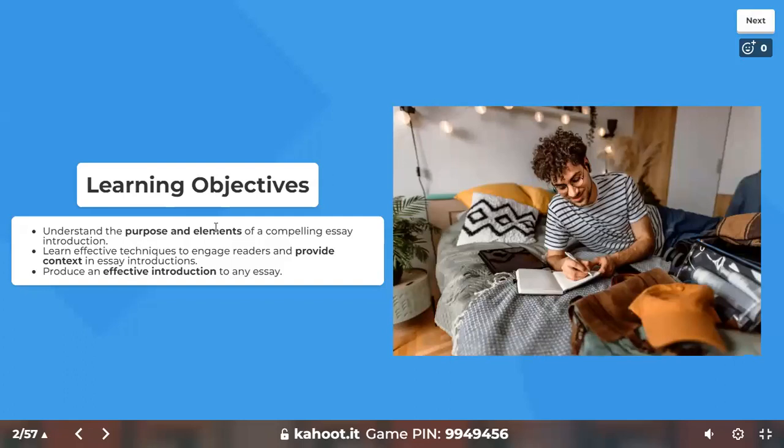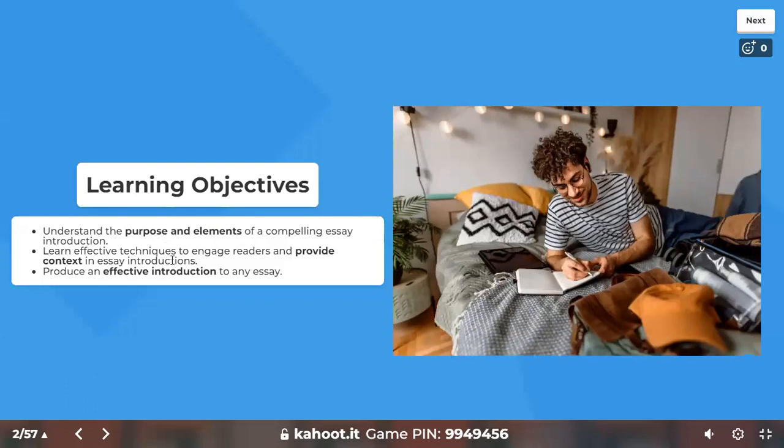Number 1 is to understand the purpose and elements of a compelling essay introduction. This is the purpose of the introduction and what we should include in the introduction to come up with a compelling essay. Number 2, learn effective techniques to engage readers and provide context in an essay introduction.